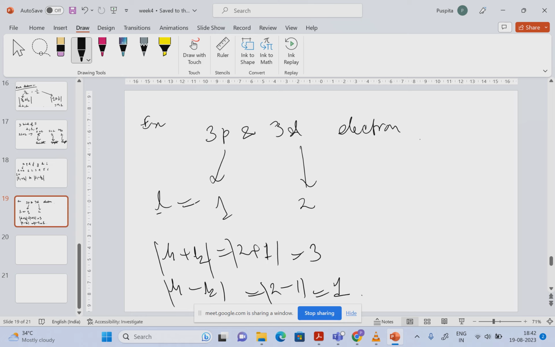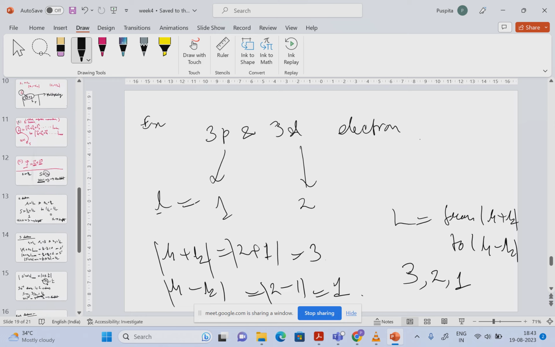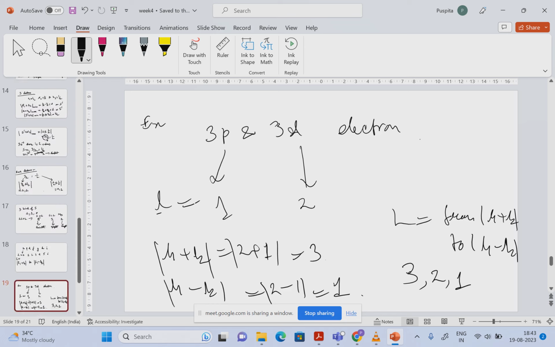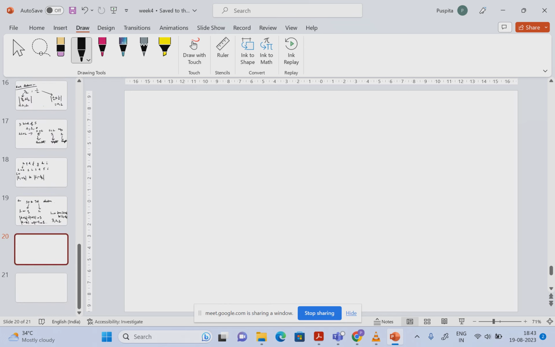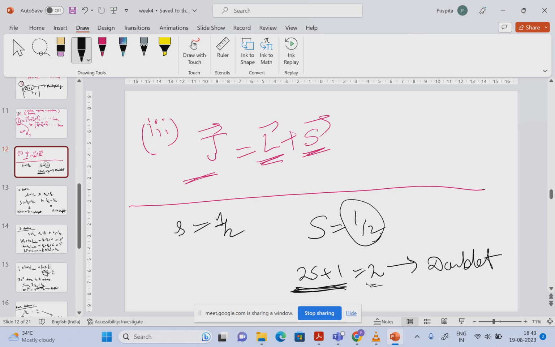But it's not only L1 plus L2 and L1 minus L2. The L is from L1 plus L2 to L1 minus L2, so from 3 to 1. So 3, 2 and 1. Even here for J, it is L plus S to L minus S.